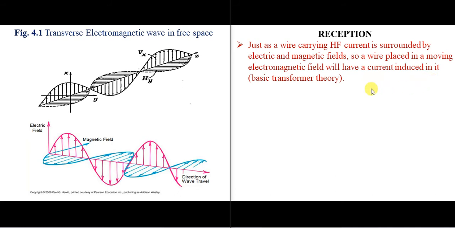It is basic transformer theory that whenever a conductor is placed in a moving electromagnetic field, a current will be induced in it.